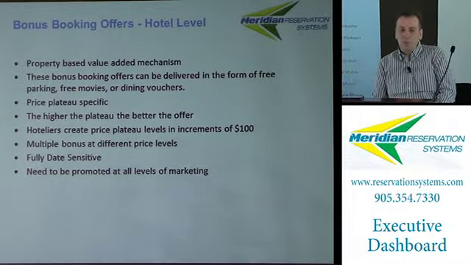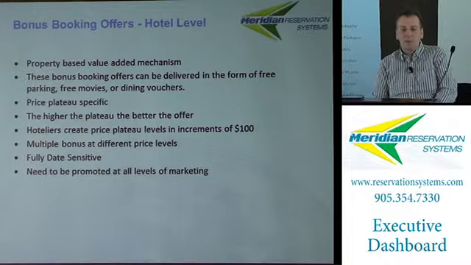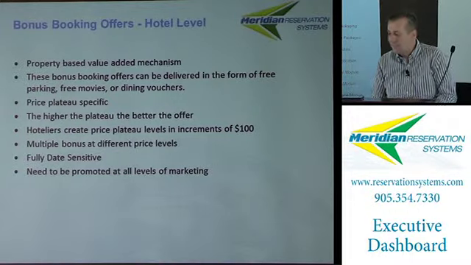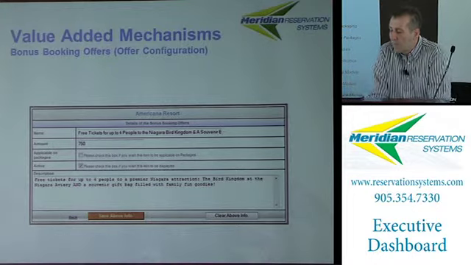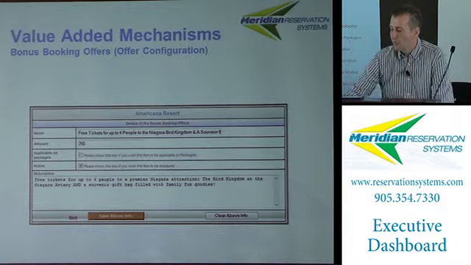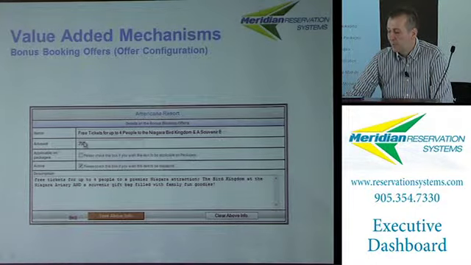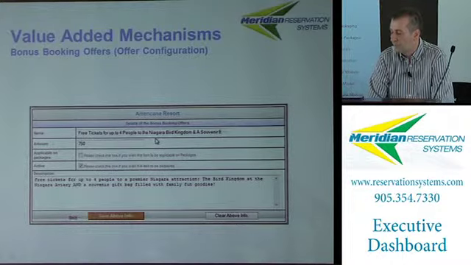It's not unlike when you go to Expedia and you see that someone's including free breakfast or another free value-added offer. It's the exact same concept. So we placed this into the booking engine. I'm quickly going to show you the back end of a configuration screen whereby someone's created a plateau of $750. They put in free tickets for up to 4 people to the Niagara Bird Kingdom and Souvenir City.